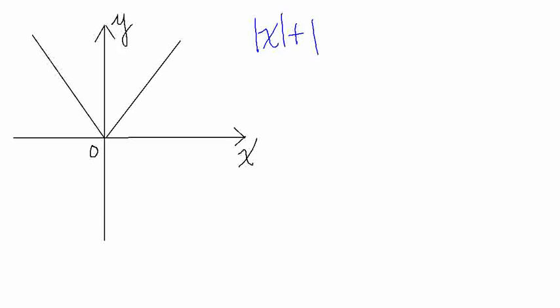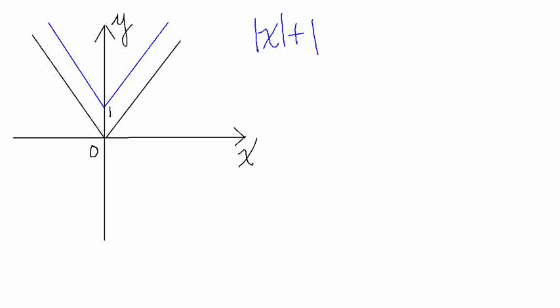So pause the video and figure that out any way you can right now. So I'll go ahead and show you what I would get. So the graph is, there's a vertical shift up by 1 length unit. So instead of going through the origin, the graph has a y-intercept of 1.